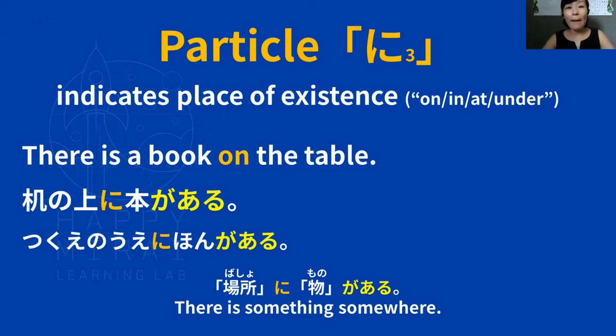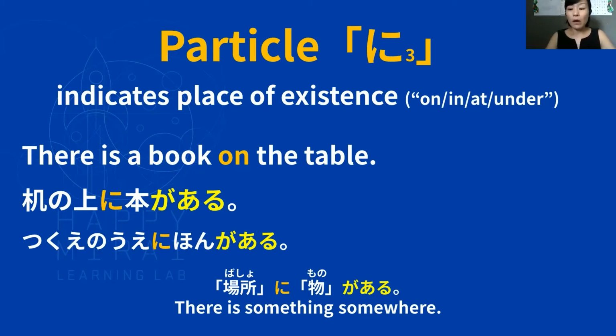Basically the に can be translated into on, in, at, or under, depending on the sentence examples. So please remember this sentence pattern: 場所に物がある. There is something somewhere.